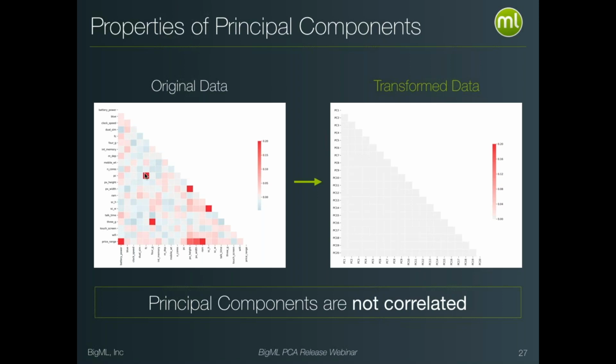You can see there are a few interactions that are very strong, and almost every variable is at least somewhat correlated with one another. There's a very light amount of color throughout this entire matrix. We can see that in the transformed data, all of these interactions are now gone. So any two principal components will not be correlated with one another.